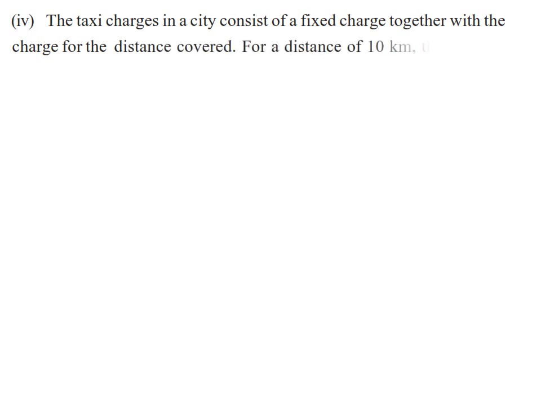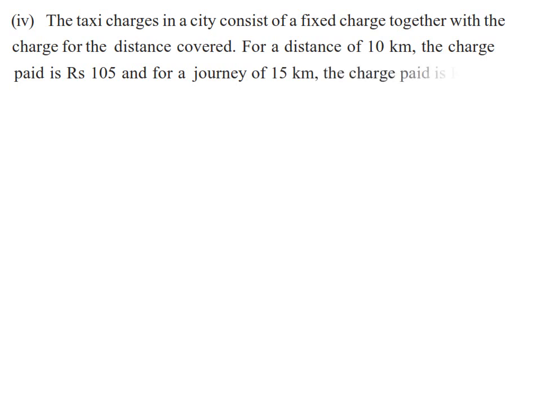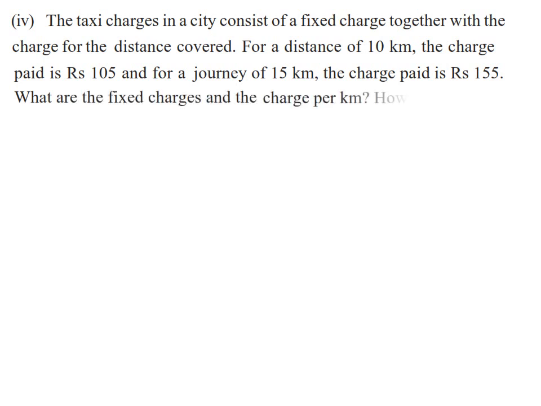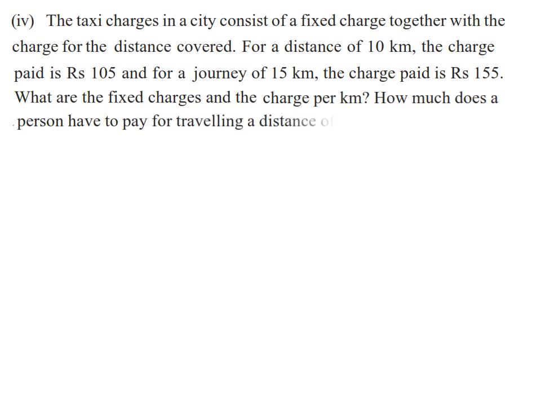For a distance of 10 km, the charge paid is rupees 105, and for a journey of 15 km, the charge paid is rupees 155. What are the fixed charge and the charge per kilometer, and how much does a person have to pay for traveling 25 kilometers?